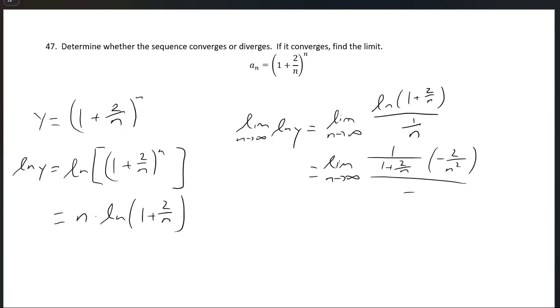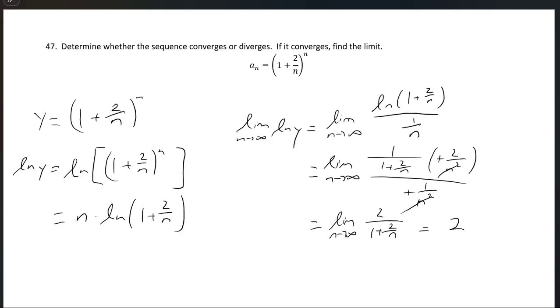And on the bottom, we would get minus 1 over n squared. Okay? The two negatives become a positive. These n squareds cancel. So you are left with limit as n approaches infinity, 2 over 1 plus 2 over n. This is equal to 2.